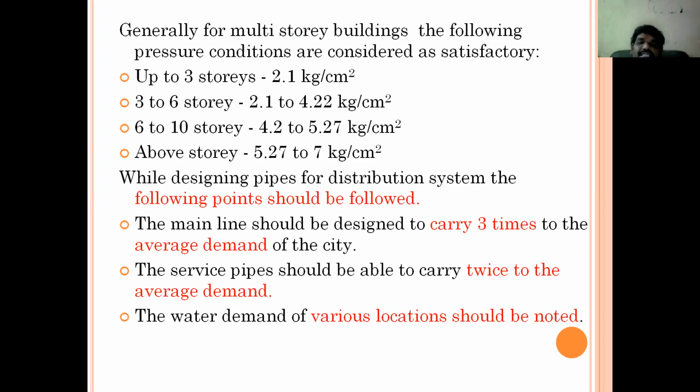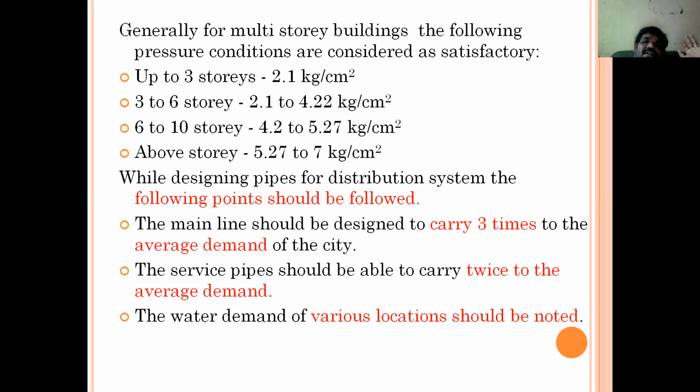While designing pipes for the distribution system, the following points should be considered. What are those points? The main pipeline should be designed to carry 3 times the average demand of the city, and the sub pipelines or service pipes should be able to carry at least twice the average demand, and the water demand of various locations should be noted.